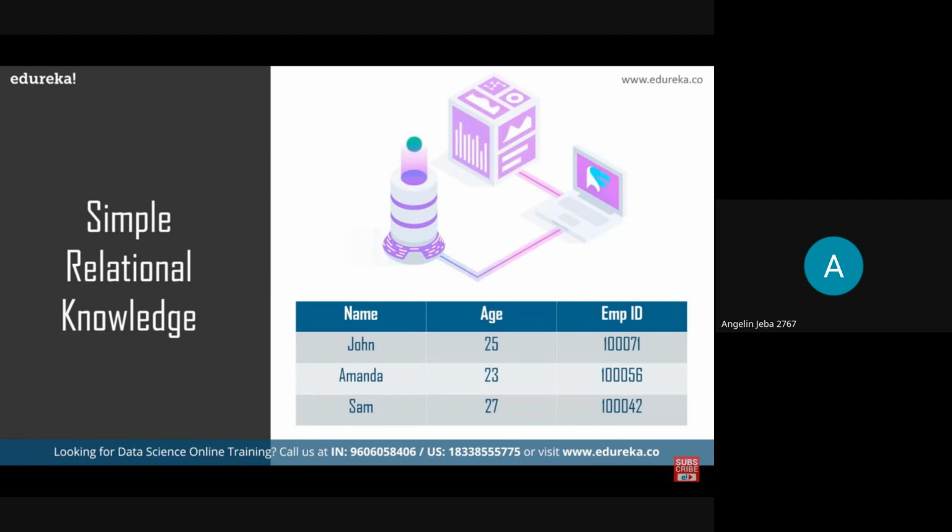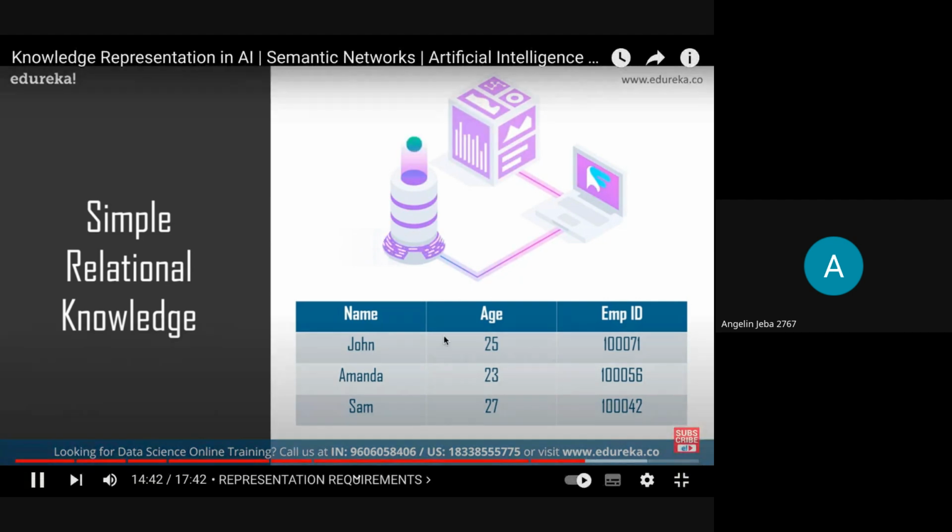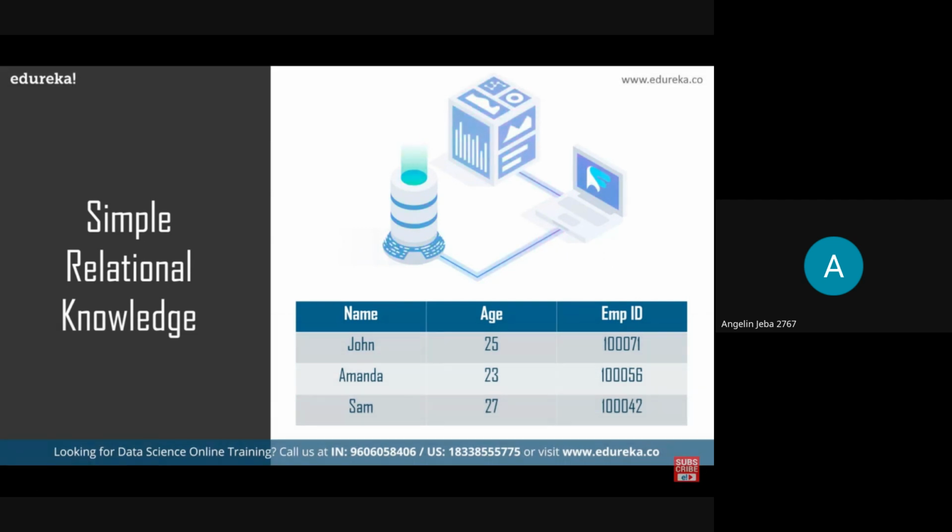Now, taking an example, you can see that we have three different columns: name, age, and employee ID, and we have three different names along with their age and employee IDs. So this is how you represent simple relational knowledge. It is the simplest way of defining. You just have to take the name, age, and employee ID and define the relation.